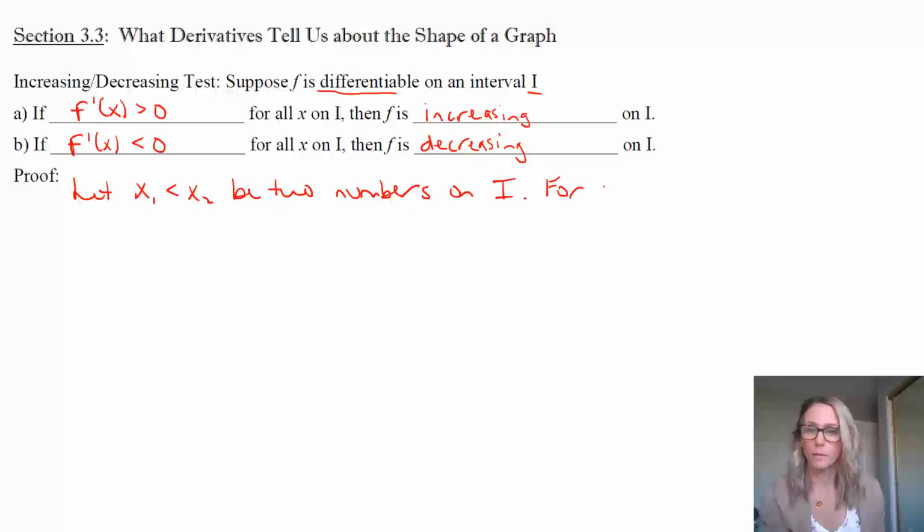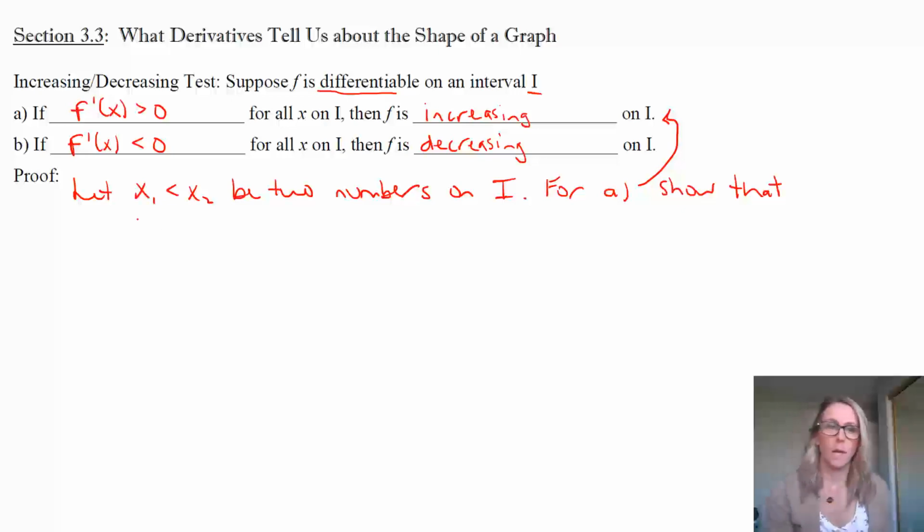So we'll do part A. We just need to show that as long as x2 is greater than x1, then the y value f of x2 is going to be greater than f of x1. So that's just what we need to show.